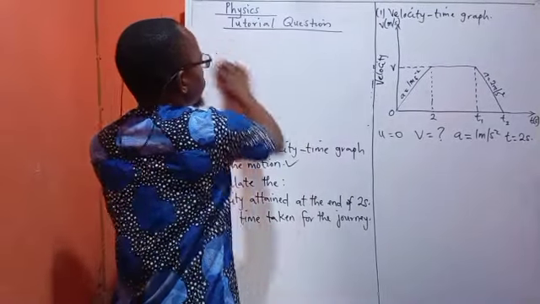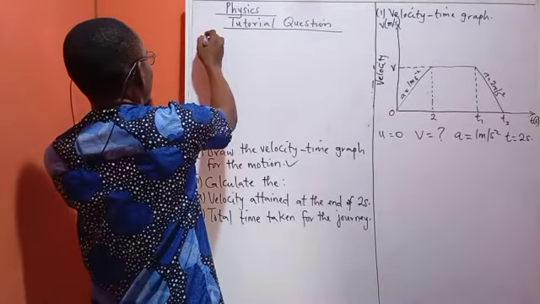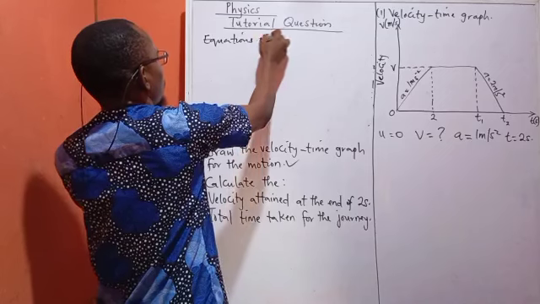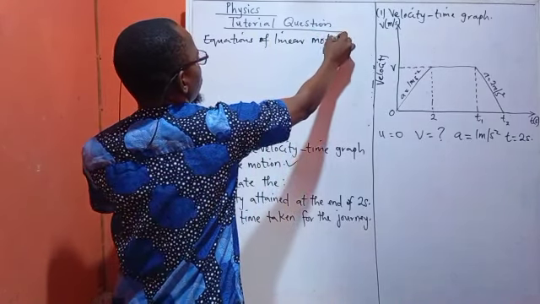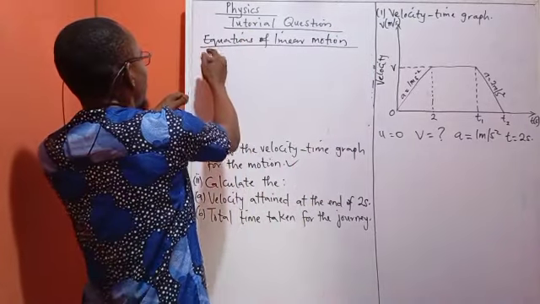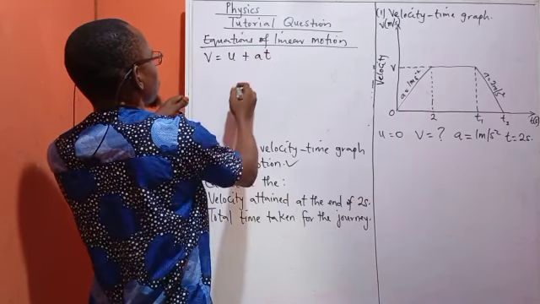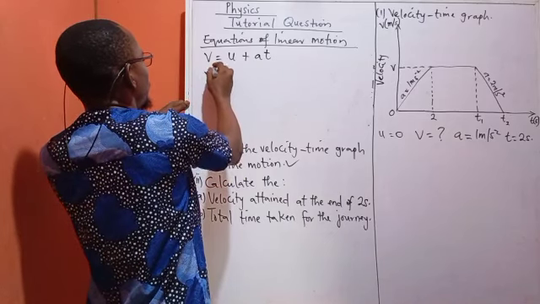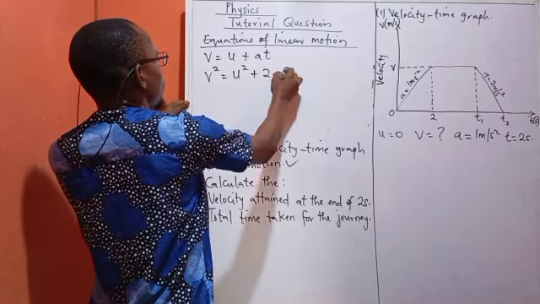Okay, so let's write down the equations of motion of linear motion. This is a linear motion, which means a motion in a straight line. So we have v equals u plus at. We have v squared equals u squared plus 2as.